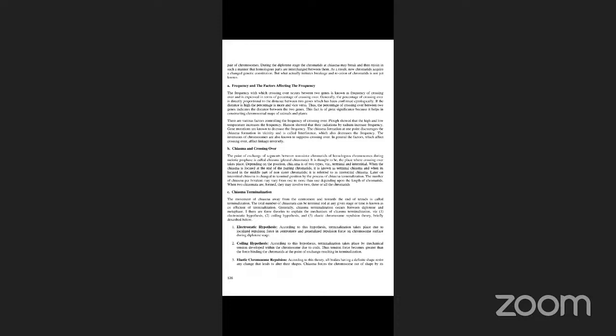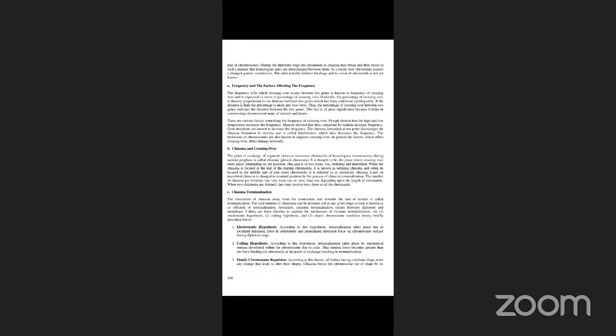If the distance is high, the percentage will be more. That means if they are nearby, linkage chances are more. If they are far, then the crossing over chance is more, and vice versa. Thus, the percentage of crossing over between two genes indicates the distance between them. Okay, so this is very important for constructing chromosomal maps of animals and plants.